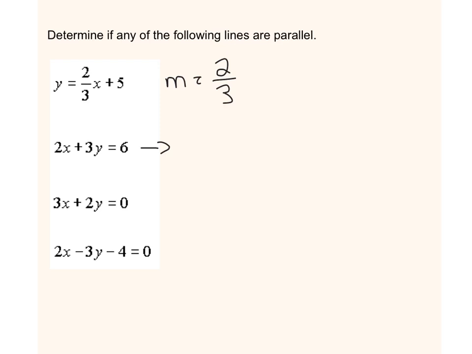Second one, we need to isolate y, so we'll subtract 2x from both sides. 3y equals negative 2x plus 6. Divide them all by 3.